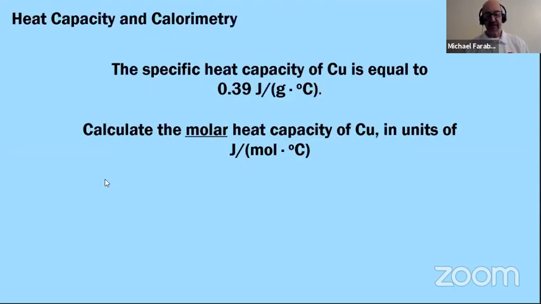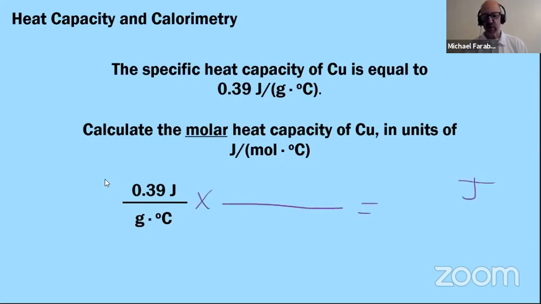Sometimes you will see molar heat capacity, and the units are not joules per gram degrees Celsius, but rather joules per mole degrees Celsius. So can we take 0.39 joules per gram degrees Celsius and multiply by some conversion factor that will give us joules per mole degrees Celsius?